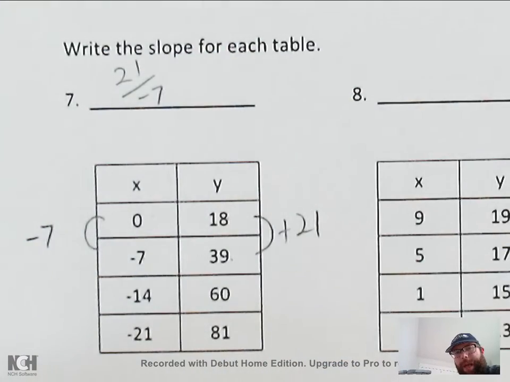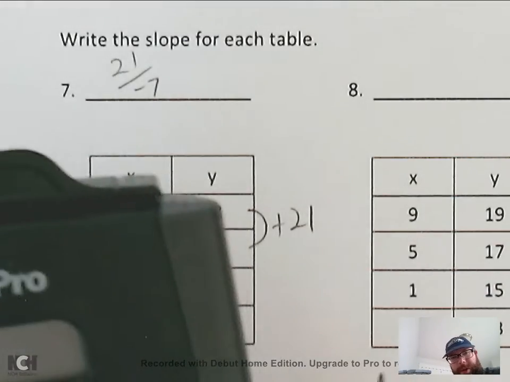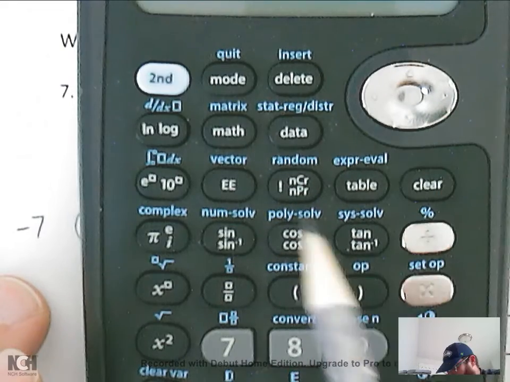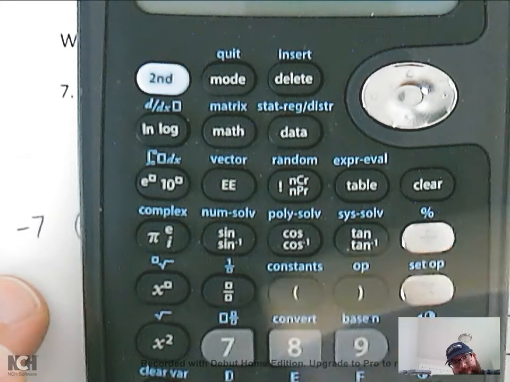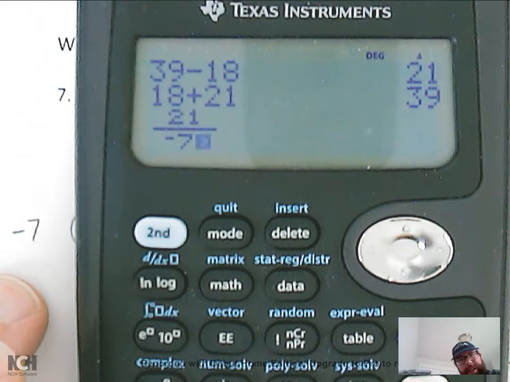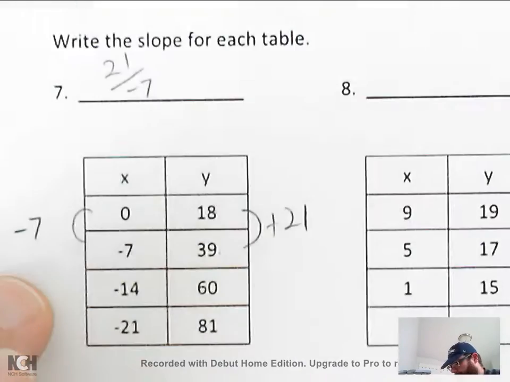Now, if you answered this on your test, you're going to get it wrong, okay? Because this simplifies. If you're not sure if it simplifies, remember your calculator does this for you with the little fraction button right there. So if you do 21 and then the fraction button, negative 7, it's going to give you your answer, which is negative 3, just negative 3.